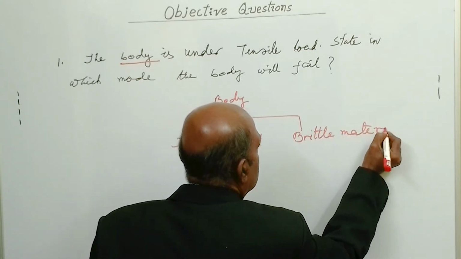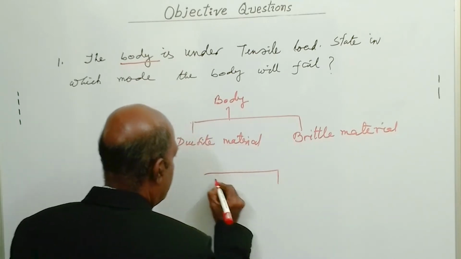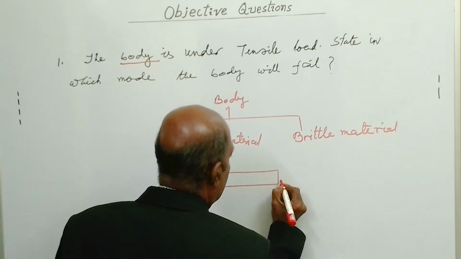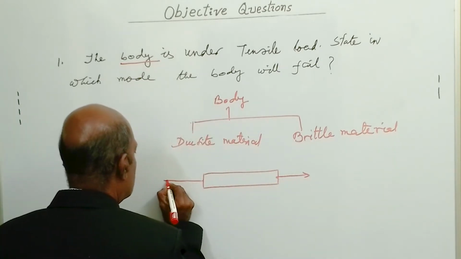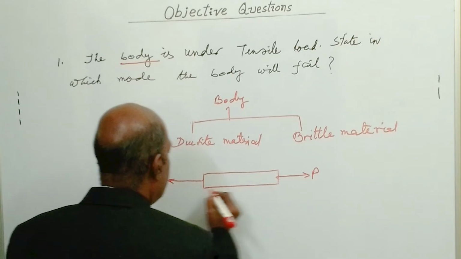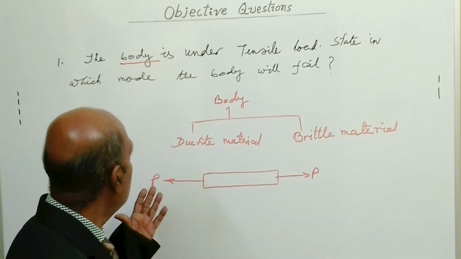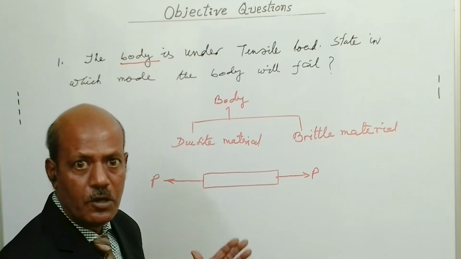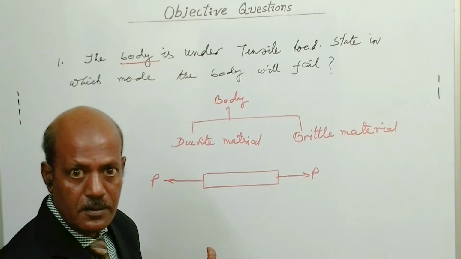Now say the body is under tensile load, or you can say the body is under direct load also. Say the body is under load P, a tensile load. Now we have to say in which mode the body will fail.